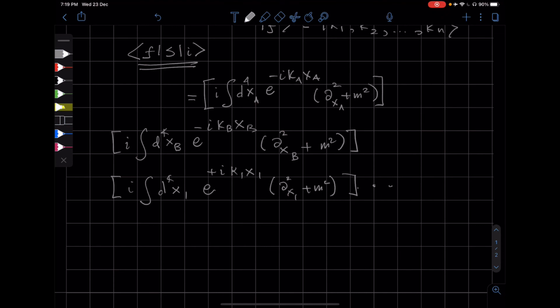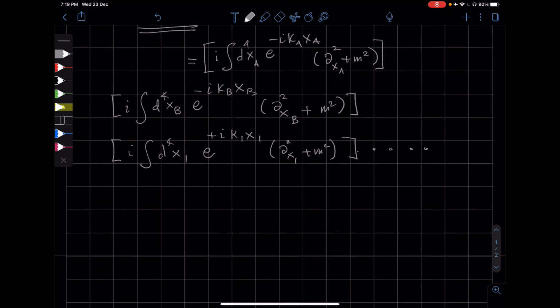And then there'll be factors for each of these outgoing particles. So we put ellipses there, and then there's going to be an xn part. So there's a e^(i kn xn) (del squared xn plus m squared).